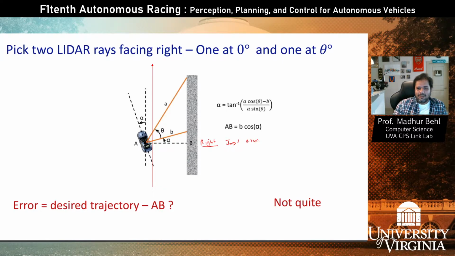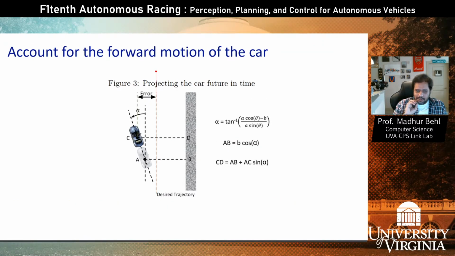In the next time step, the distance is not AB, whereas you were still trying to steer with AB as the distance in mind. So a better thing to do is not to compute the error as the instantaneous value, but instead do a very simple geometric trick where you assume a constant velocity and you project the motion of the car along its current heading into the future.